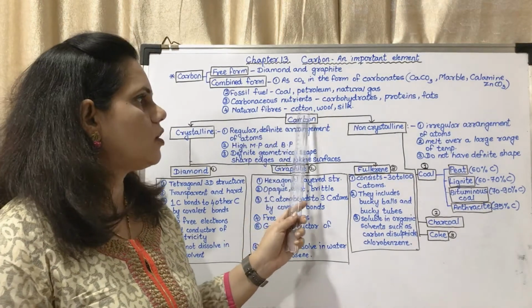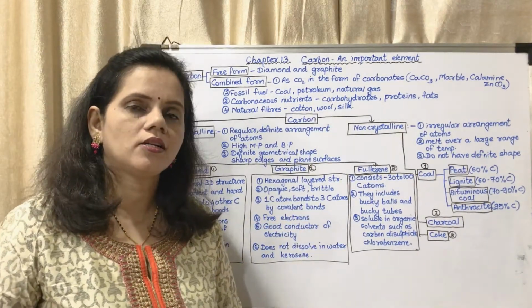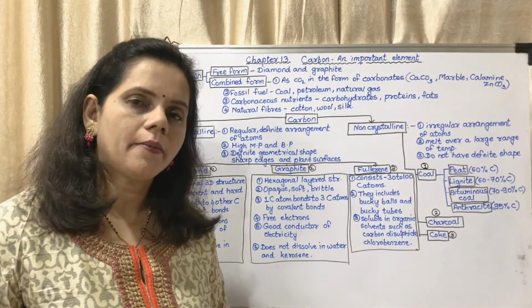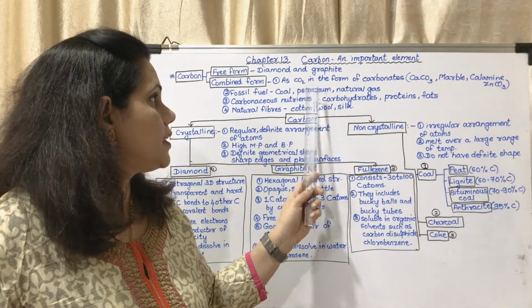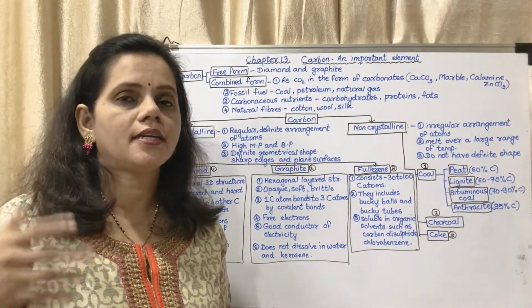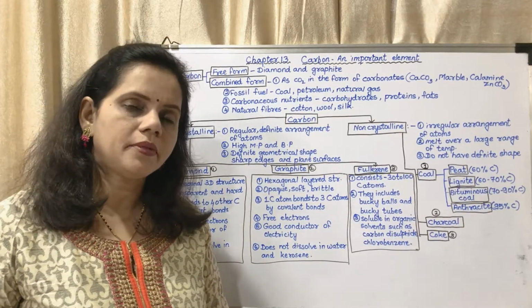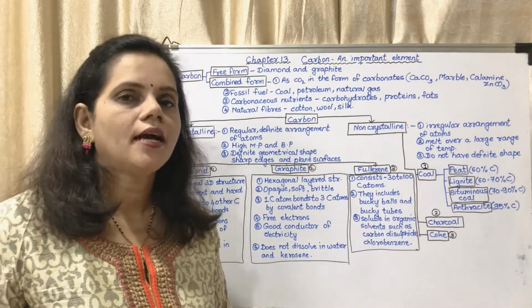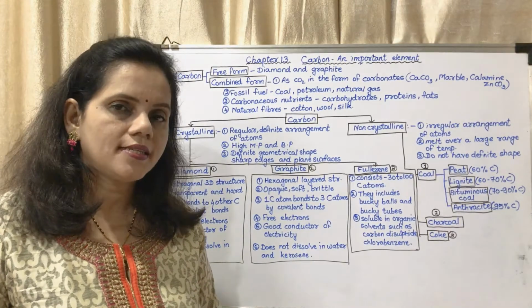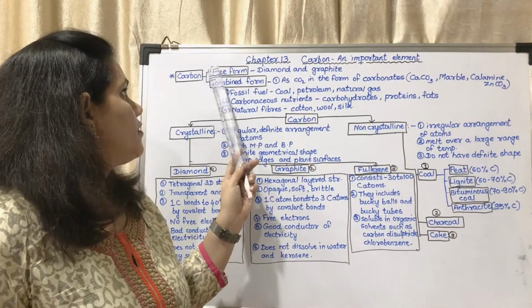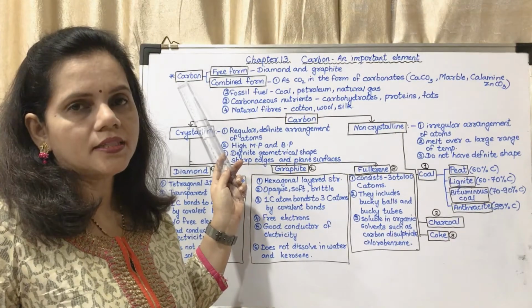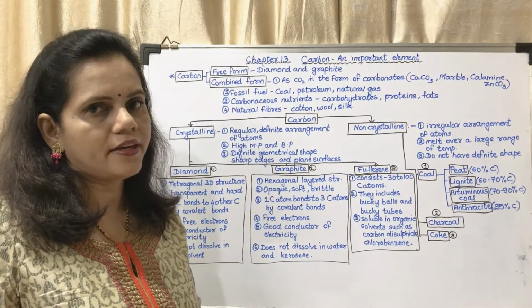Natural fibers like cotton, wool, silk also contain carbon in combined form. They are made up of compounds of carbon. Okay, so that means the carbon is in combined state. So this is the answer for the question: the forms of carbon, that is free form and combined form.